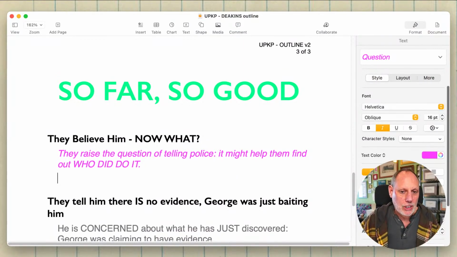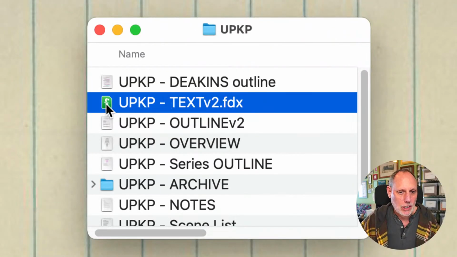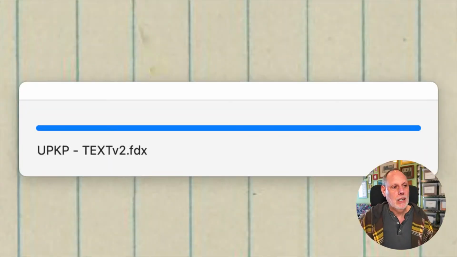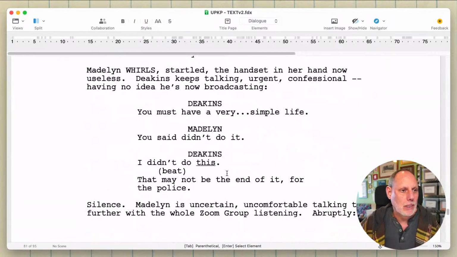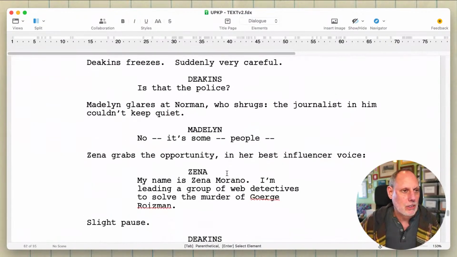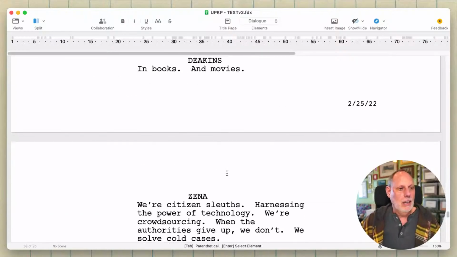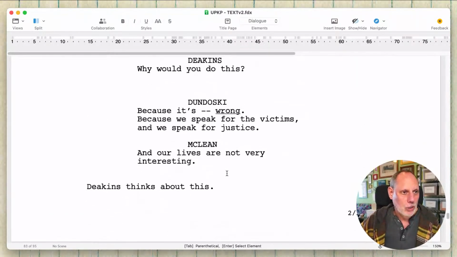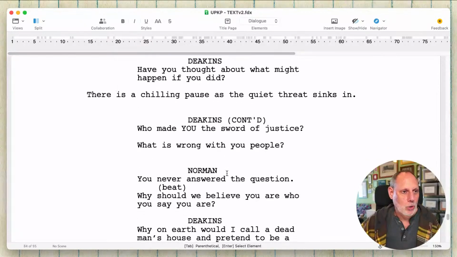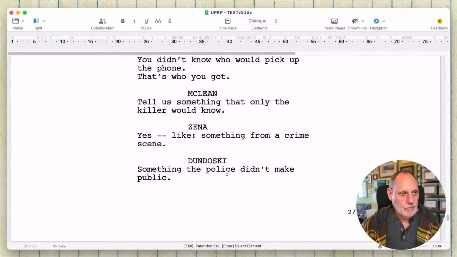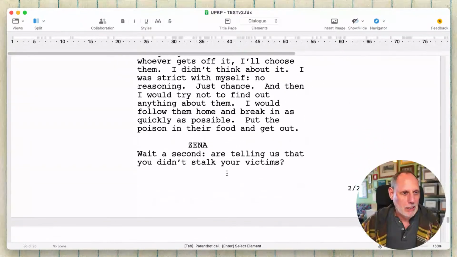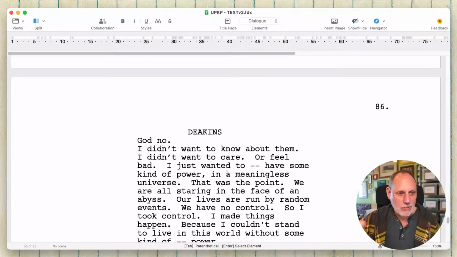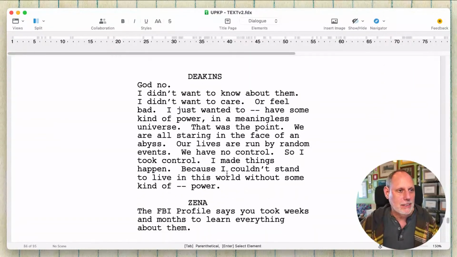Let me see what else is in this scene. Let's look at the script and see what we have already in here. Okay, so he says he's innocent. Now they say there's the long road to him convincing them who he is, which I will be cleaning up because this is a lot of stumbling steps.